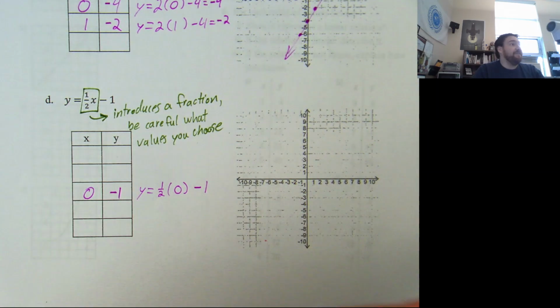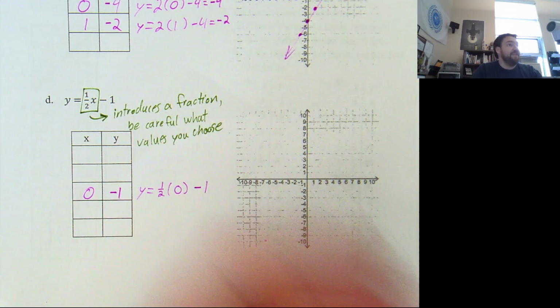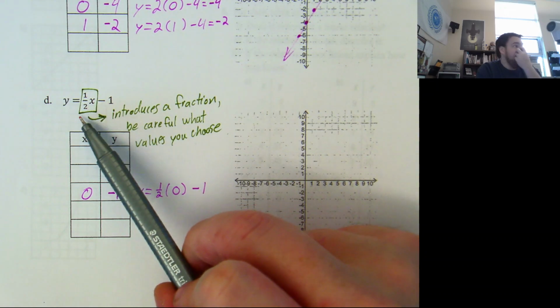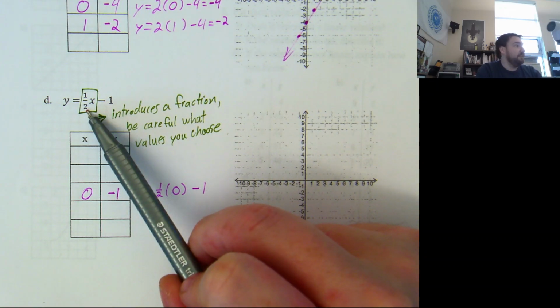Because multiplying something by a half is the same as dividing by 2, and half of 10 is 5. You betcha. Is there a smaller value we could pick? We could pick 2. Anything else we could pick? 4. So 2, 4, and 10 are all what kinds of numbers? Evens. Anything even. Or in this case, any multiple of 2 would work.